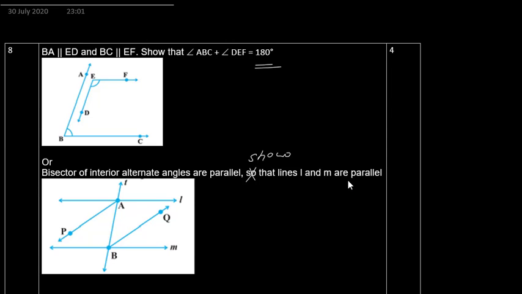Okay, so let us discuss this first question. Most of you will not solve this problem as you find it a little difficult, but let us check whether this problem is really difficult. So what we can do here, we can draw one line parallel to this BC.